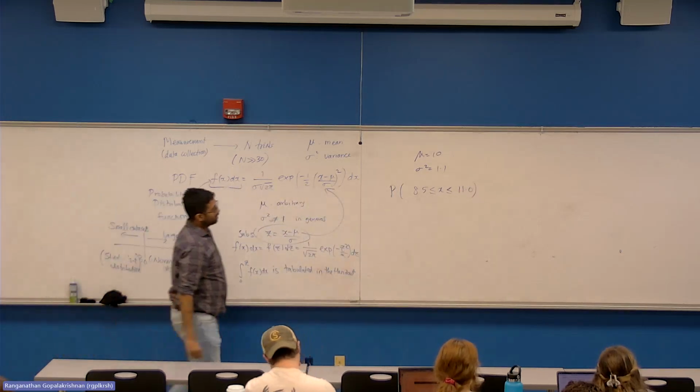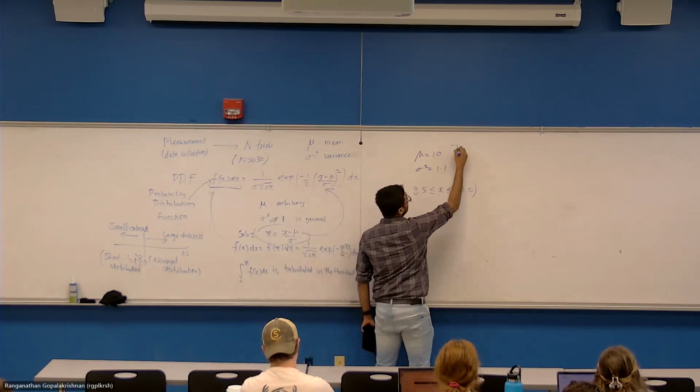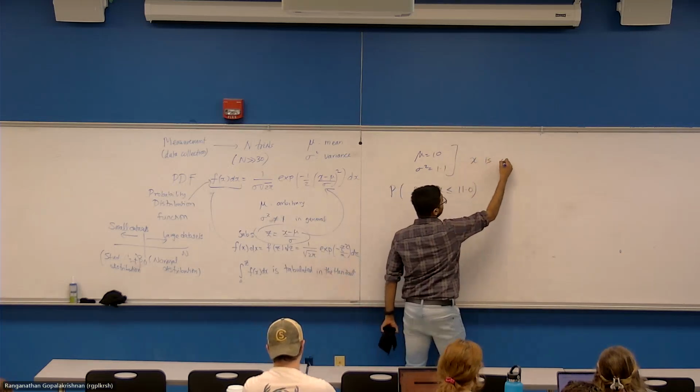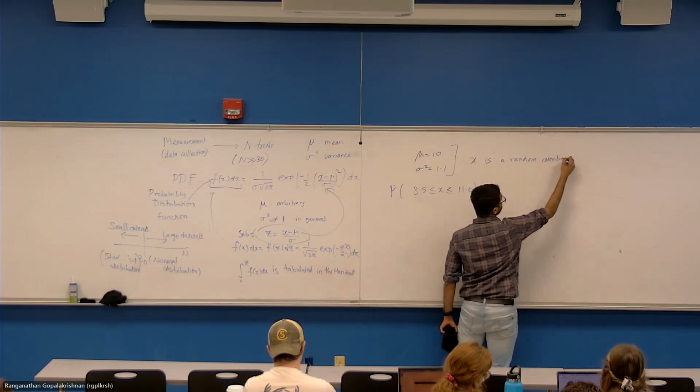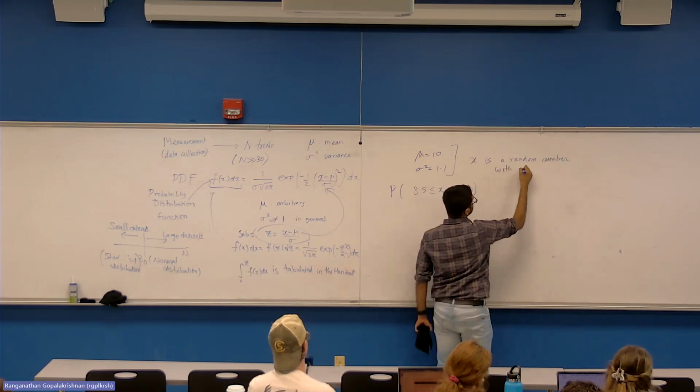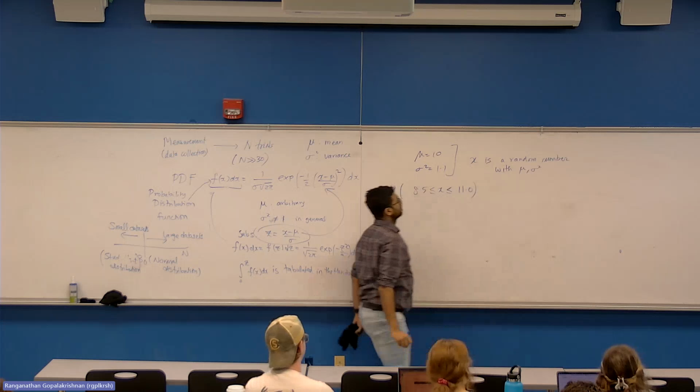X is a random number with mean mu and variance sigma squared.